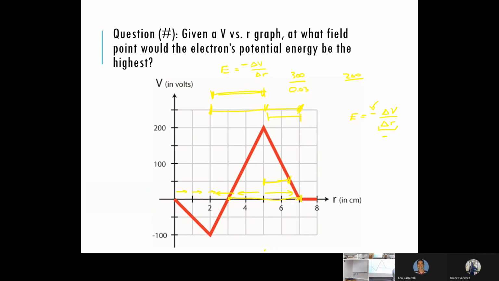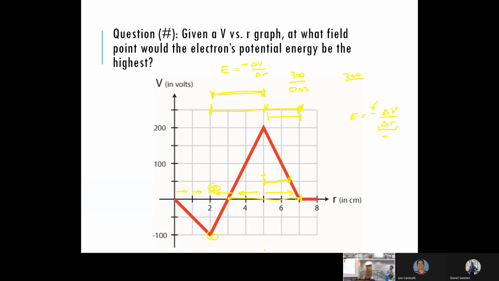The electron's highest potential energy is at r equals 2, though. Correct. Okay. Yeah. Yep. So, somewhat non-physical, but you could think of maybe an electron being located at this 2 centimeter mark.